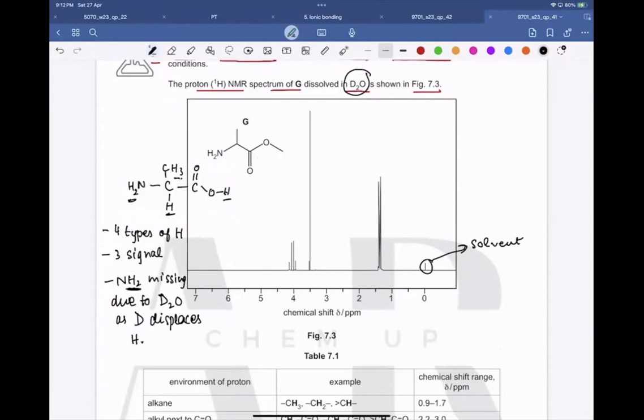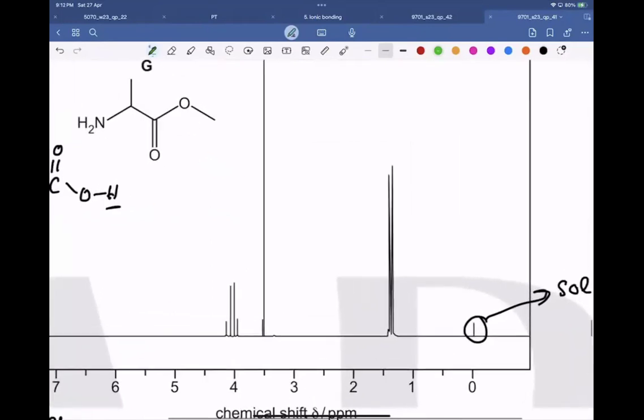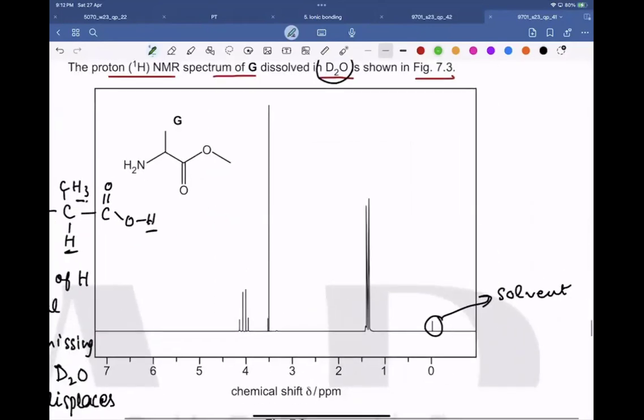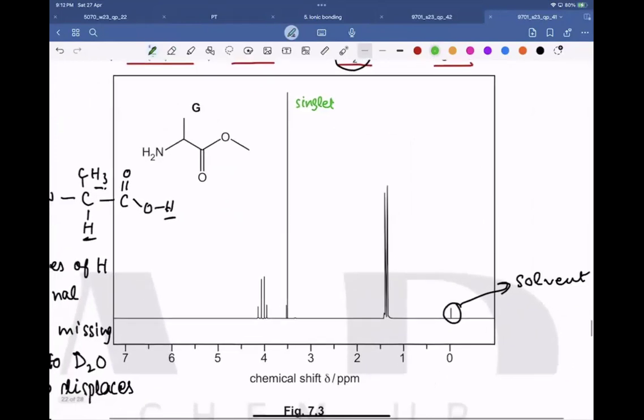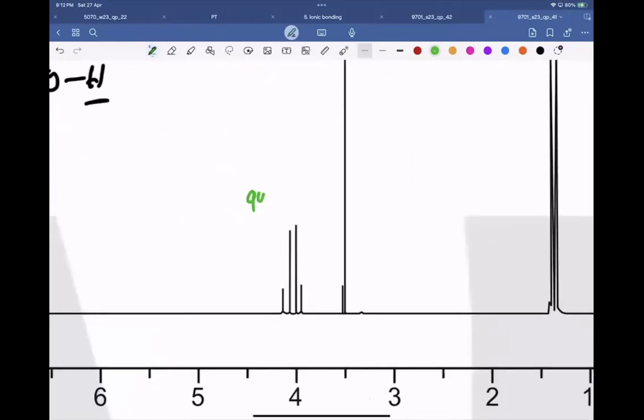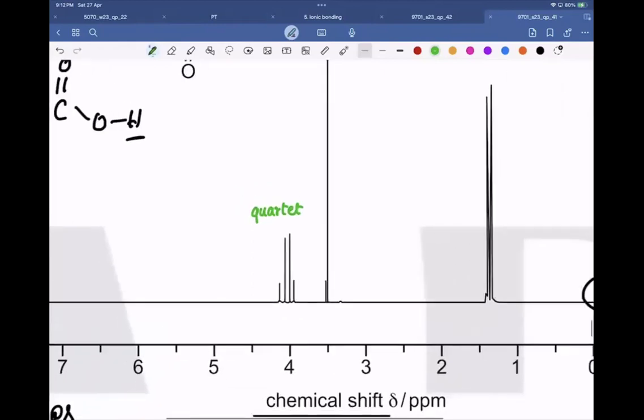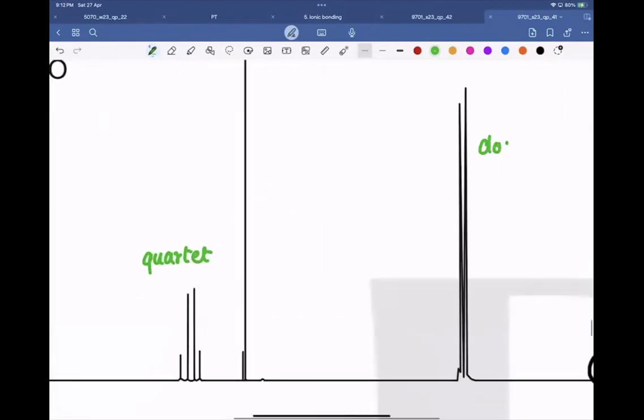Now, if you look closely, you will find this one is a singlet, this one is a quartet, and this one is a doublet. Is this understandable?